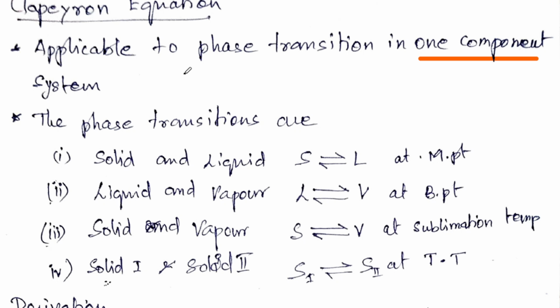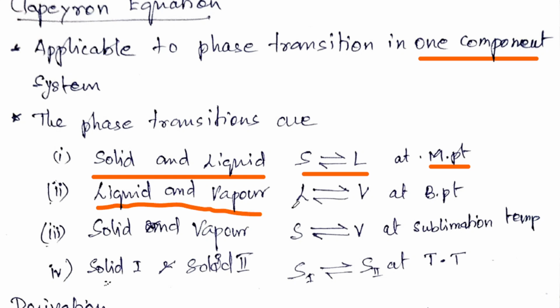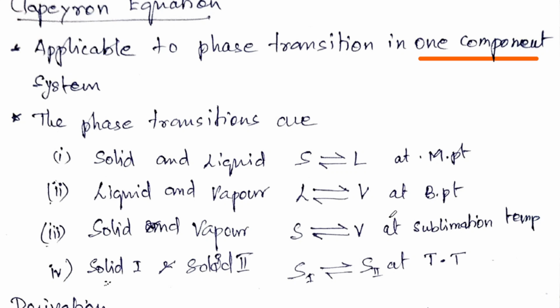The phase transition may include solid and liquid phase transition, in which they are at equilibrium at the melting point. And the second phase transition we may consider is the liquid and vapor, which are at equilibrium at the boiling point.